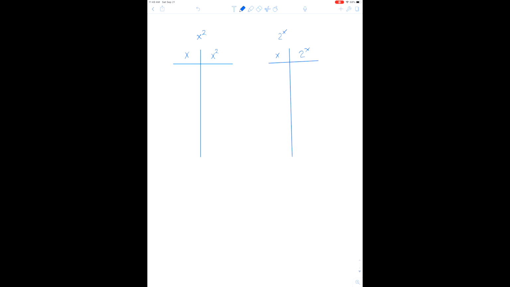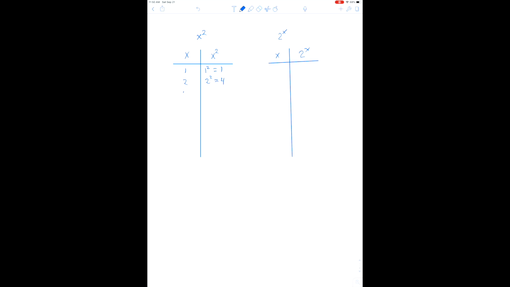So let's take a few x and see what happens as we plug them in. If I start with x equals 1, then I get 1 squared, which equals 1. Then I have 2, and I get 2 squared, and that equals 4.